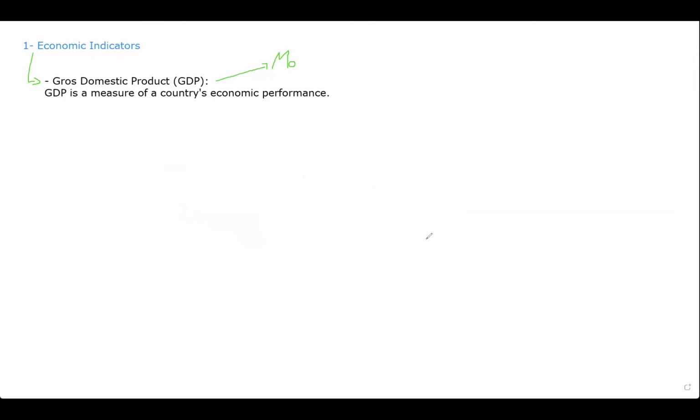All right. Now, the second one I look for is the employment data. Let me just put it here. Employment data, right? So the employment data is basically the employment and unemployment figures such as the non-farm payroll.